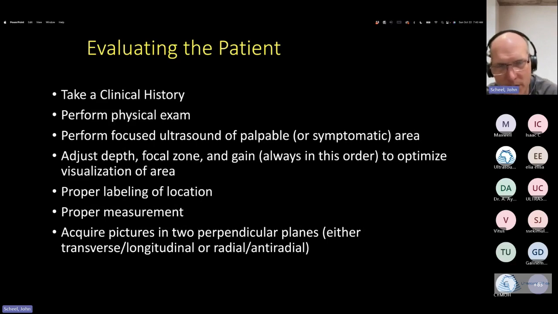And it's important that even though people may not be taught this in sonography school or radiography school or radiology school, that you actually take a good history and perform a physical exam. This clinical breast assessment is critical for deciding what to do.